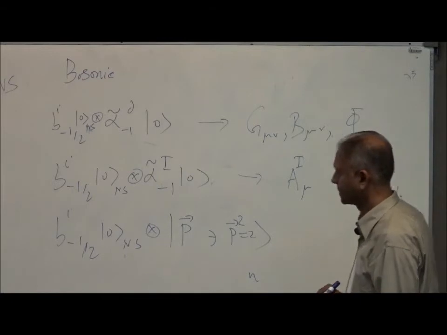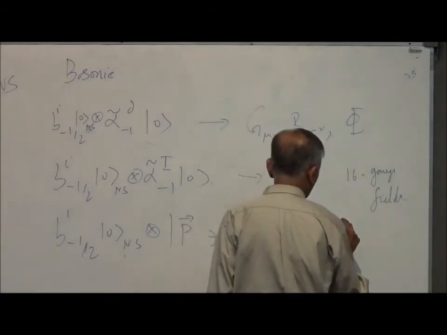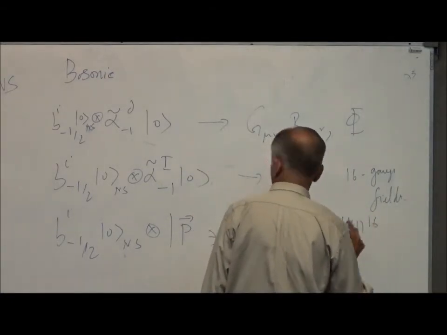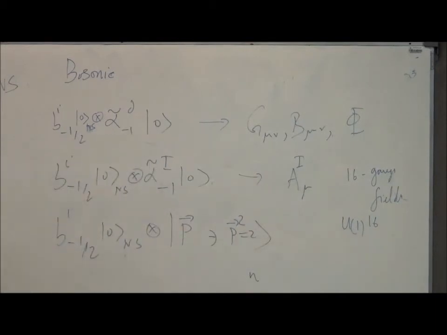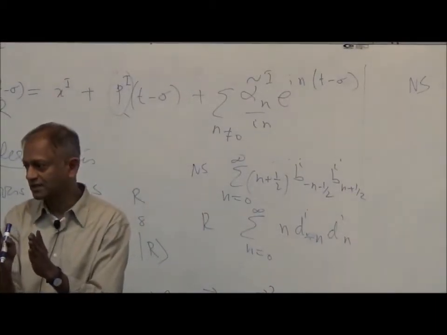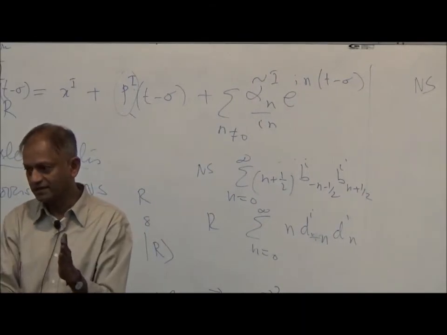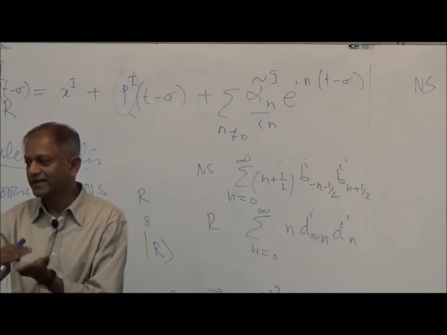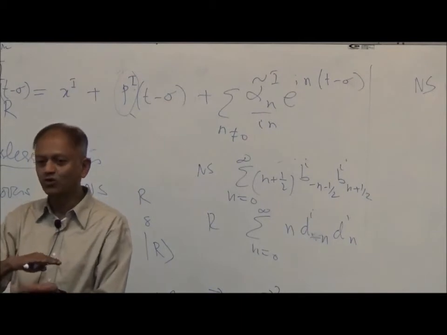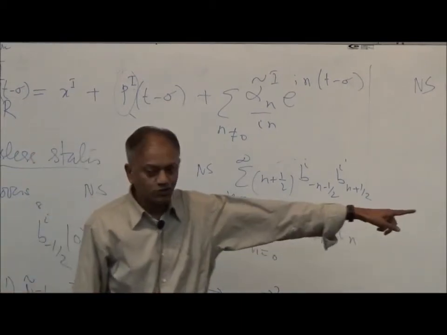And these are actually U(1)^16 gauge fields, because these are different X^I's, and different X^I's do not have any non-zero correlation functions between them. They don't talk to each other. So for each I, you get one U(1) gauge field. So there are 16 U(1) gauge fields there.